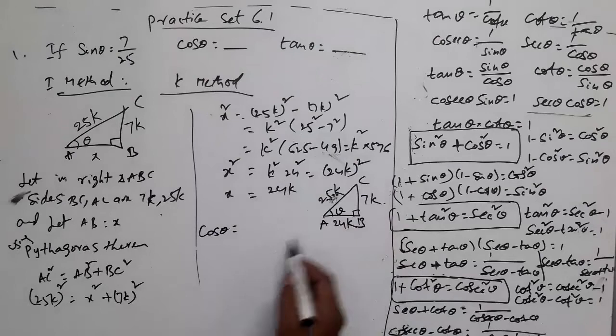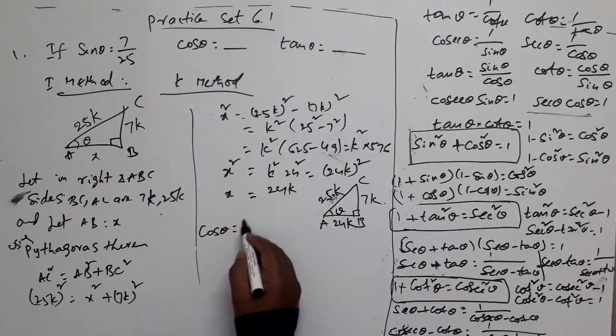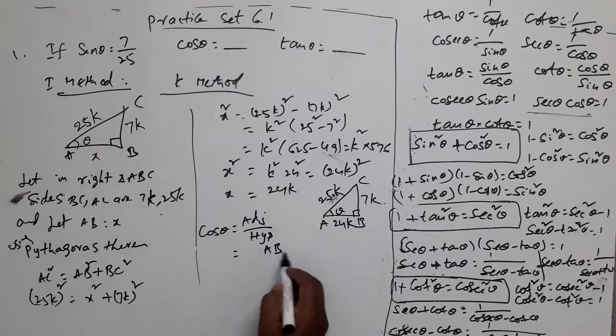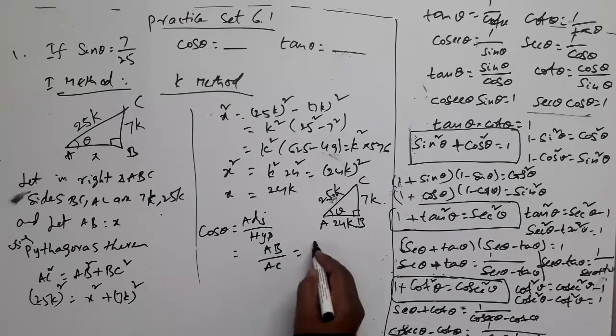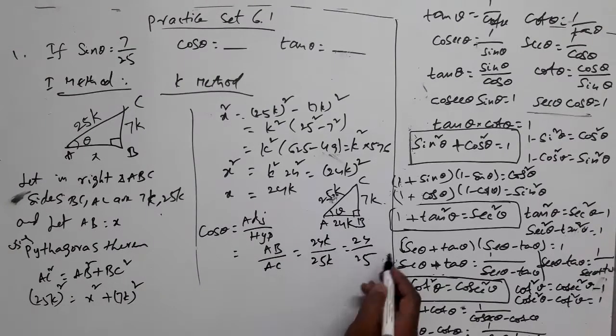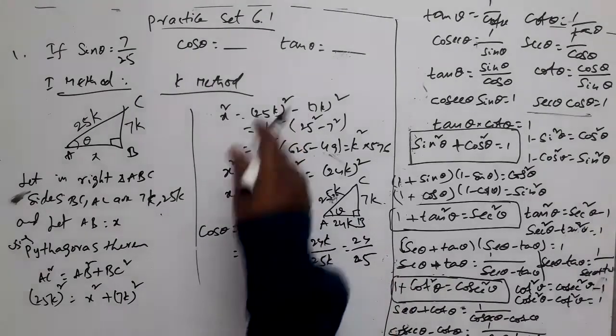Adjacent side by hypotenuse, right? Adjacent side, that is AB upon hypotenuse AC, that is 24k by 25k, k's get cancelled, so our answer is 24 by 25.